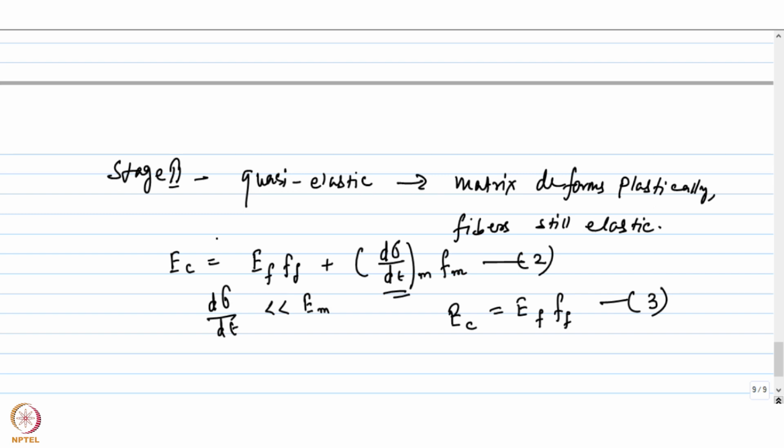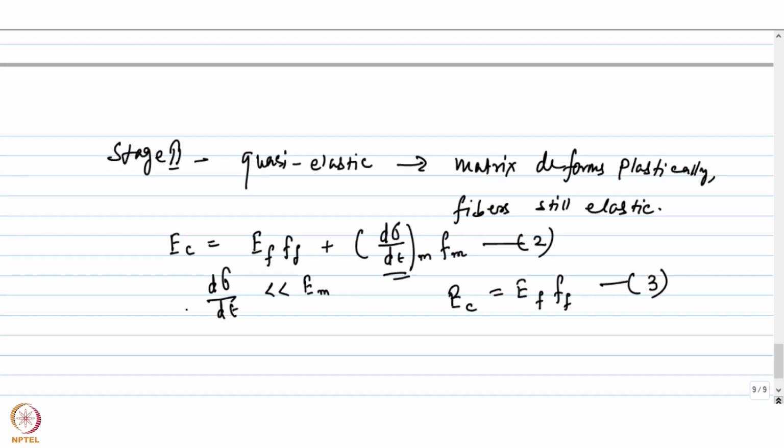Because it is still trying to hold on to the permanent deformation it has already gone through, but the fibers are trying to pull it back. As a result, it will develop some compressive stress on the matrix. So the deformation will be quasi-elastic in stage 2.